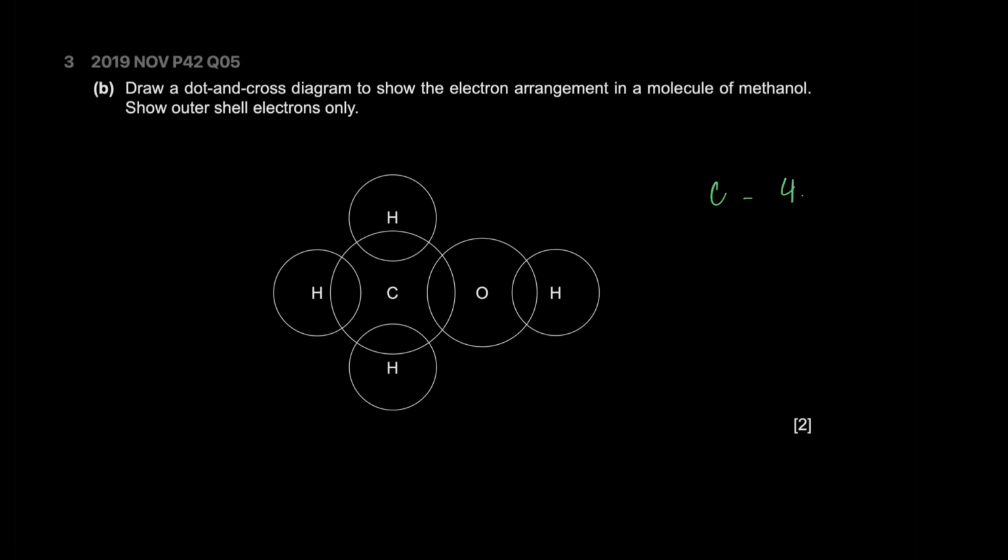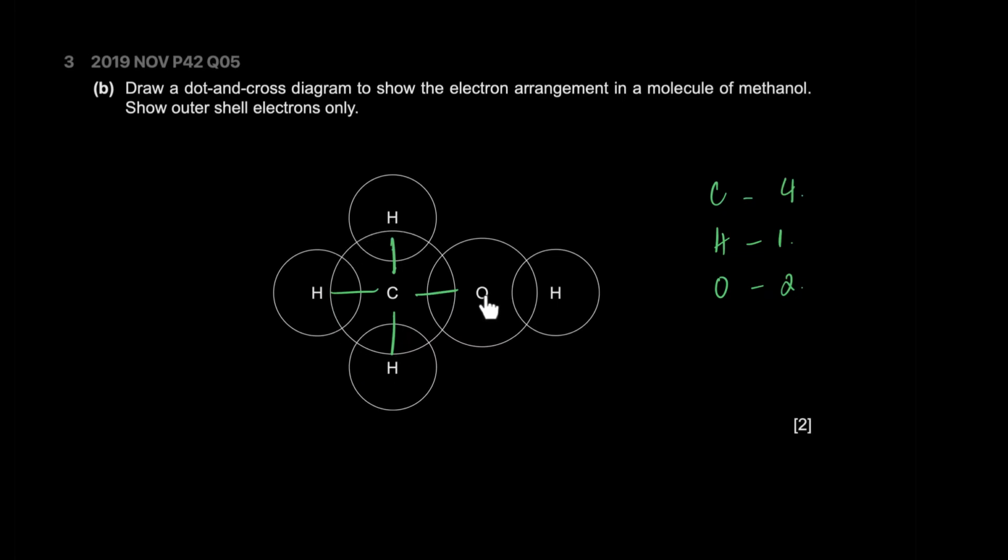So carbon wants to make 4 bonds. Hydrogen wants to make 1 bond only, and oxygen can make up to 2 bonds, right? So let's try to figure it out. Carbon, that's 1, 2, 3, 4, right? So each of these hydrogens are happy because they've made 1 bond each.